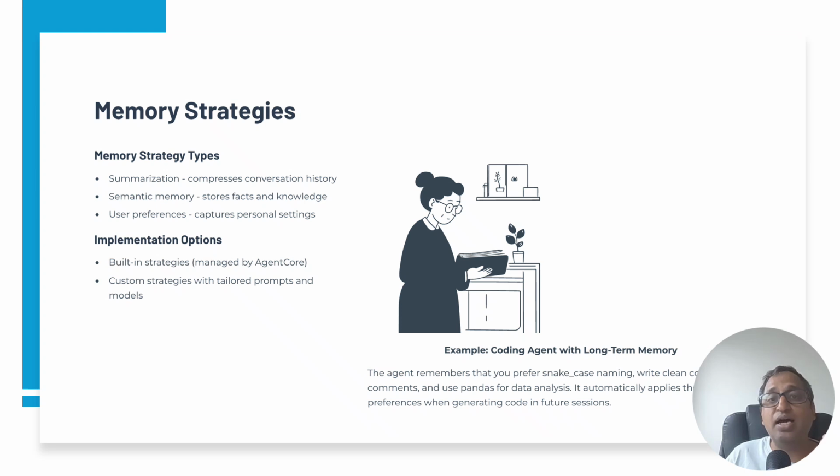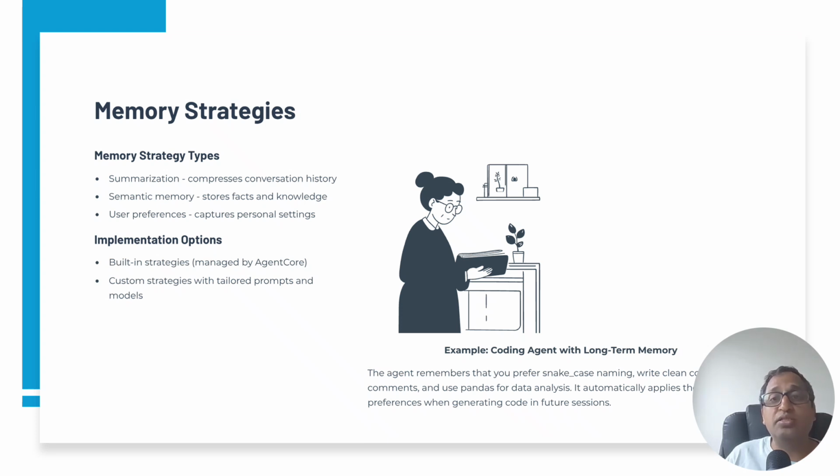Next is semantic memory. This strategy allows the agent to store and retrieve facts or learned knowledge, almost like a knowledge base that grows with every interaction. Third one is user preference. This strategy captures personal settings like tone of voice, a preferred tool or domain-specific jargon, and applies them automatically in future responses.